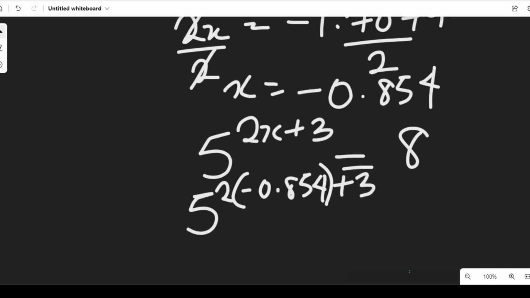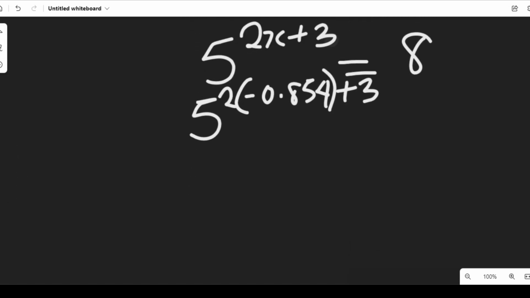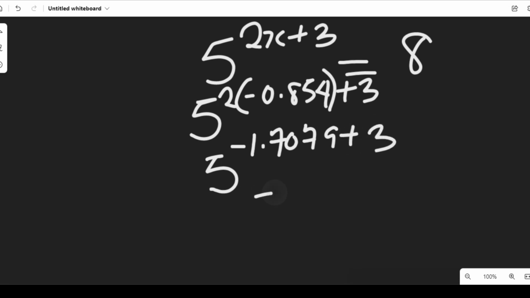If we simplify that, we are going to have 5 raised to power this multiplied by negative 0.854. That will give us negative 1.7079 plus 3.